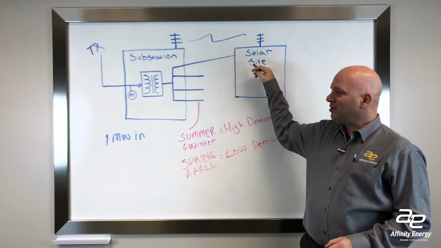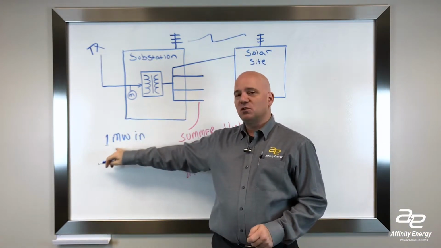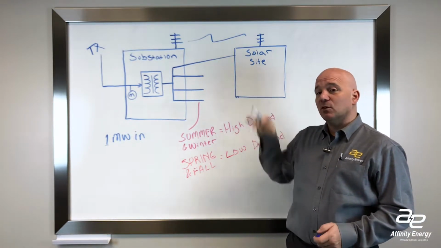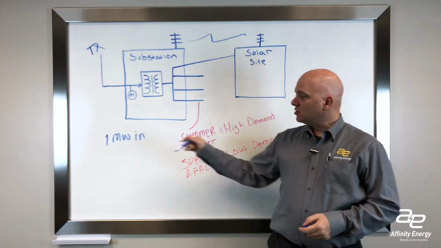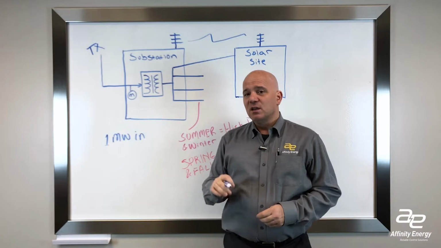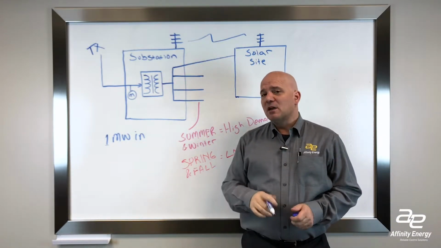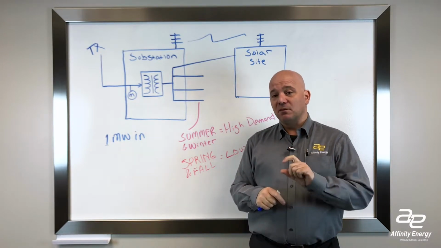From the solar site, we're looking at the meter information, and anytime the incoming power gets to or below 1 megawatt, we start curtailing active power from the inverters at this site. So it's a pretty straightforward control loop to just look at what the incoming power level is and turn down power anytime we get below 1 megawatt. 1 megawatt was chosen so that we kept a reasonable amount of buffer.